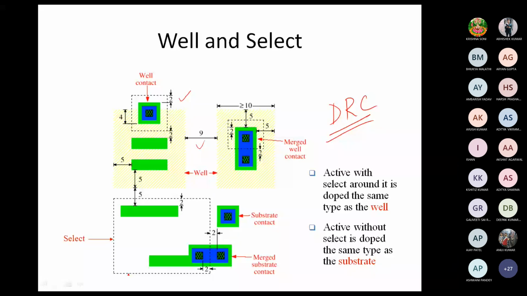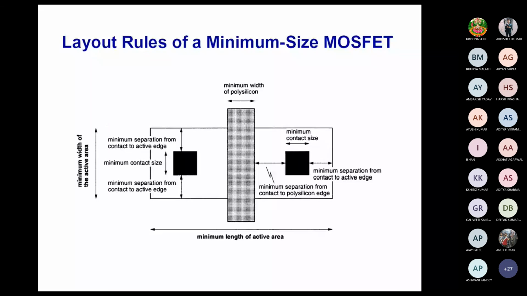Once our design passes all these checks, we can generate our GDS2, which can be sent to the fabrication lab for final tape out, that is, chip fabrication, also called tape out. So these are the different layout rules.